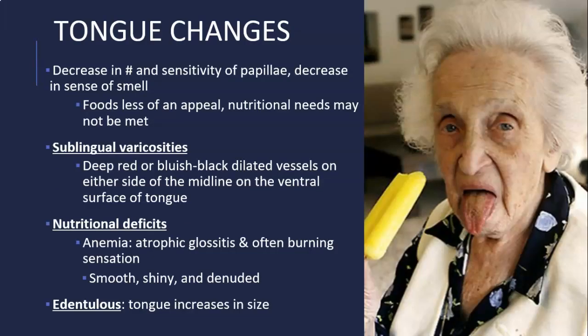And then tongue changes, so a decrease in the number and sensitivity of the papillae and a decrease in the sense of smell. So we do have some changes there. Foods are less appealing unless they have a stronger flavor. So we do tend to see things with more salt and more sugar to add flavor. And of course, the salt isn't good for a number of things going on in the body.